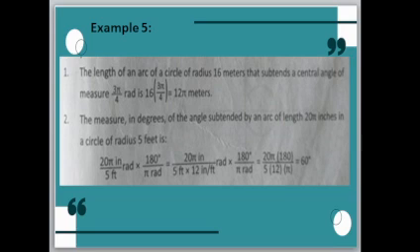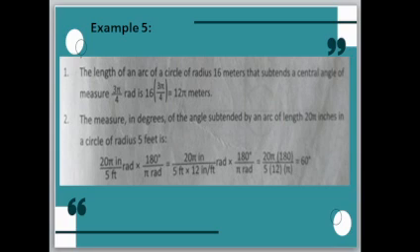As we know the radius in the problem is 16 meters, so we have 16 times 3 pi over 4 is equal to 12 pi meters, because 16 times 3 is 48 pi over 4, and that is 12. Or to make it easy, cancel out 16 and 4, or 16 divided by 4 is 4, times 3 is 12, times pi is 12 pi meters.